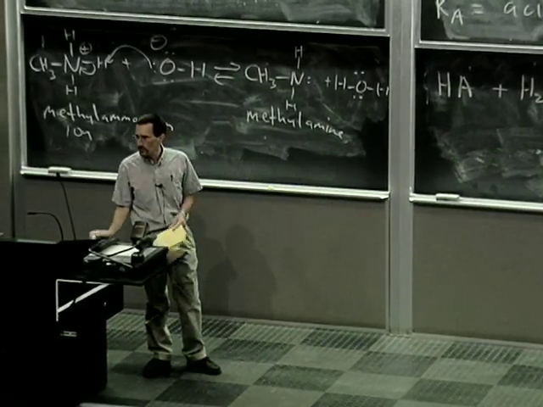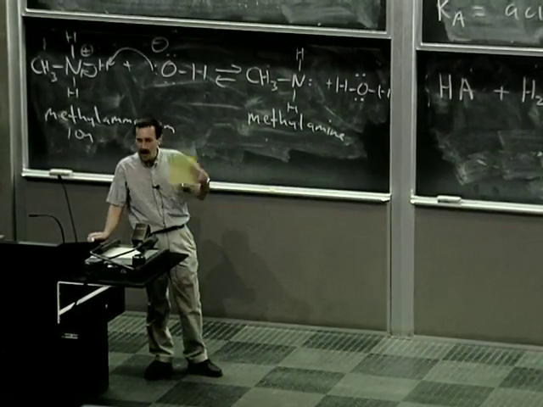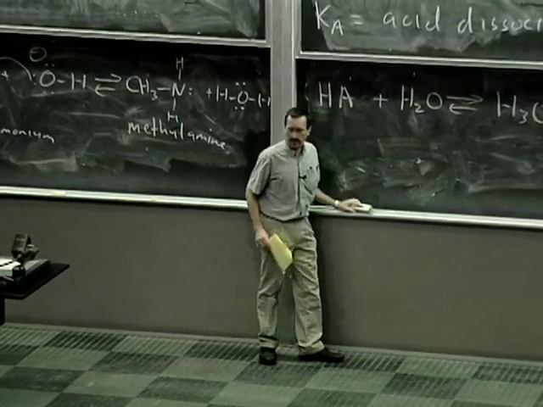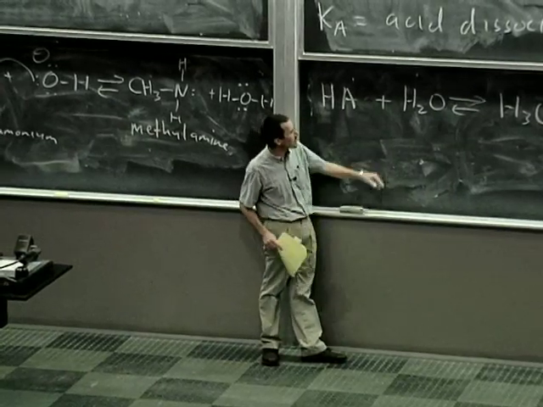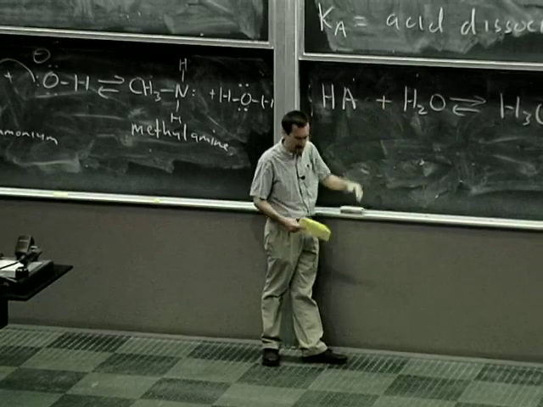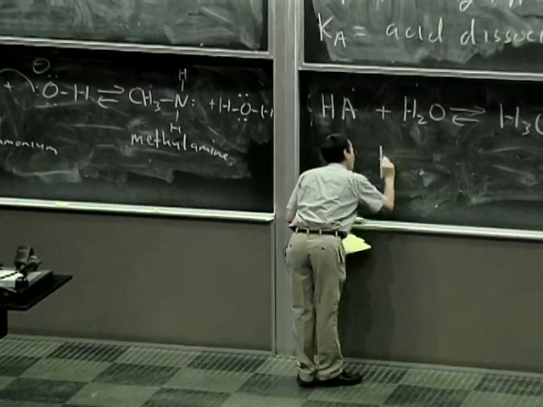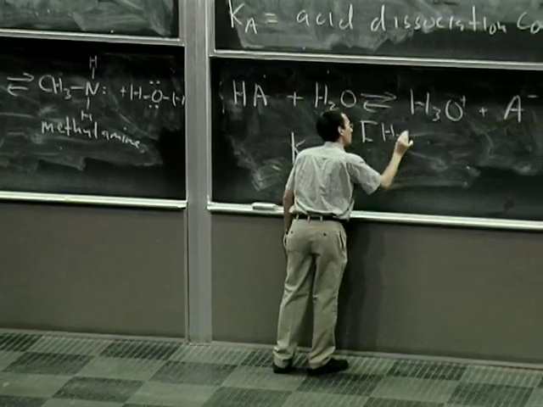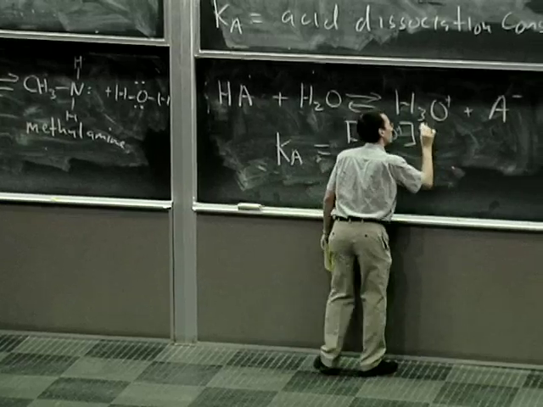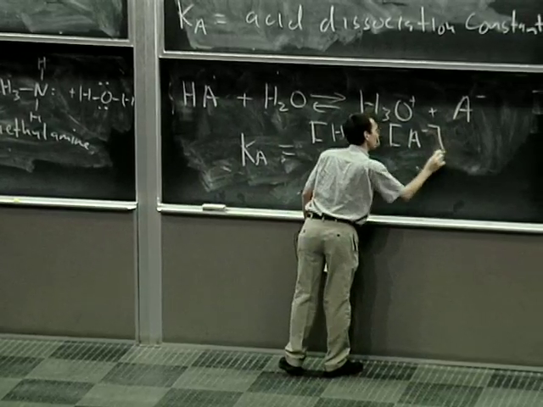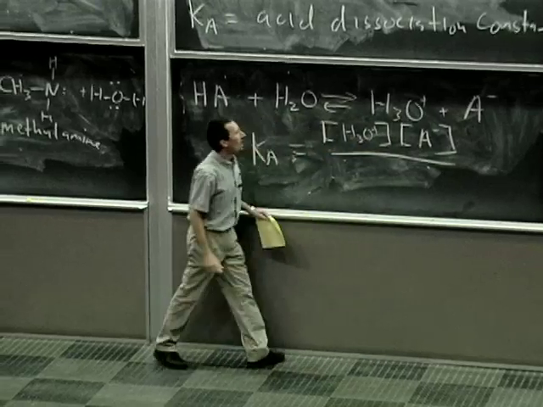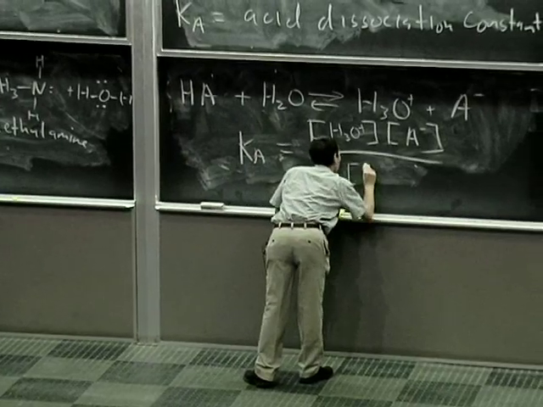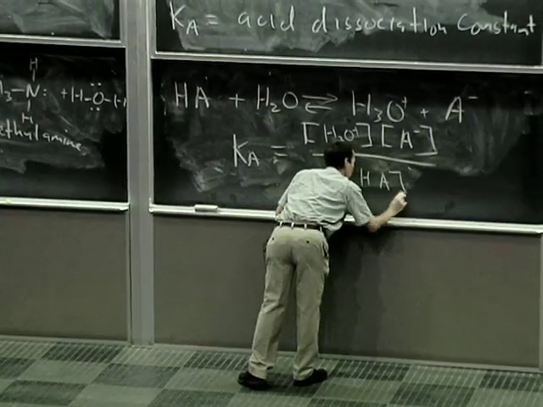That's just the concentration of products over the concentration of reactants, ignoring anything that's constant concentration like solvent. So in other words, Ka for acid dissociation equals the concentration of hydronium ion times the concentration of the conjugate anion divided by concentration of HA.